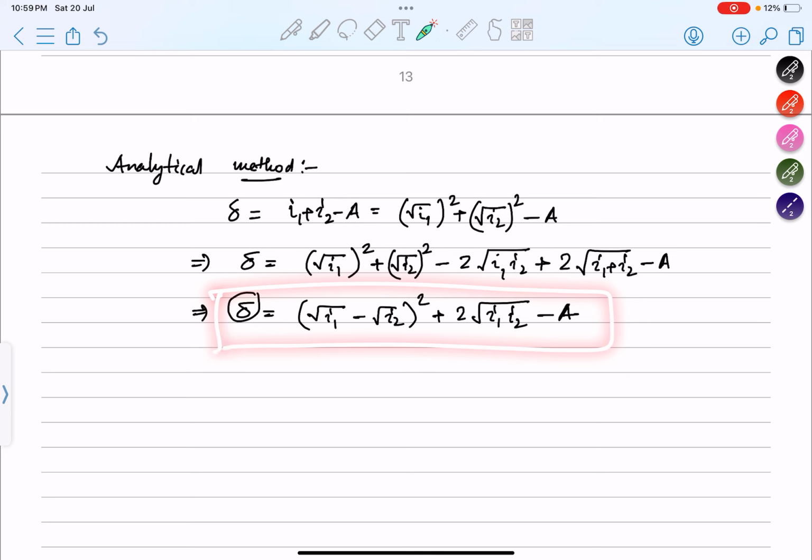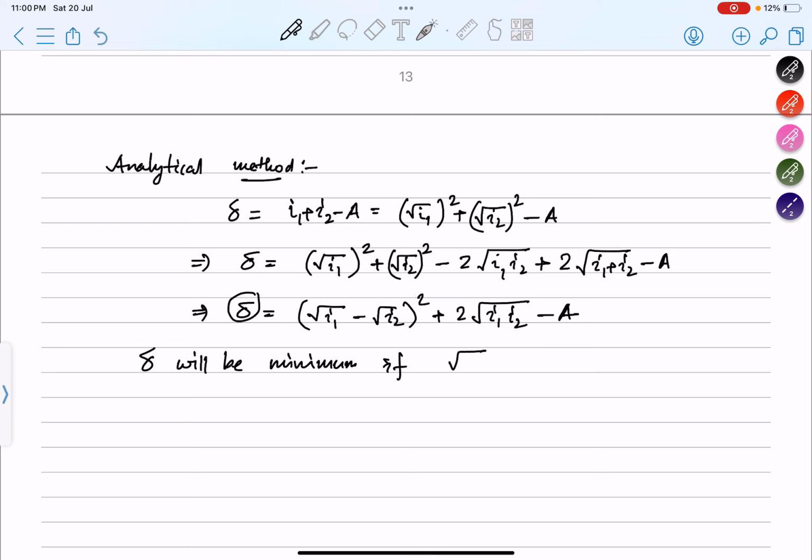If I look at the right hand side of this equation, we can clearly tell that delta will be minimum if root I1 minus root I2 becomes 0, because if this becomes 0, then delta will be minimum, as there is no chance of the other term becoming 0.